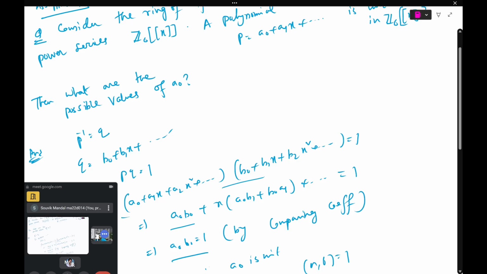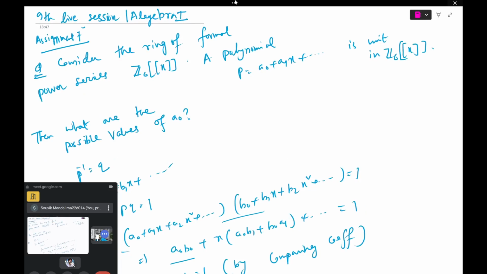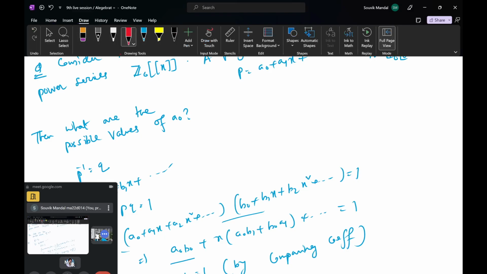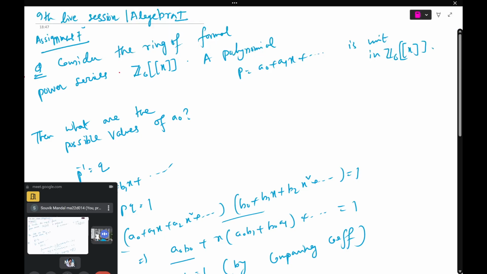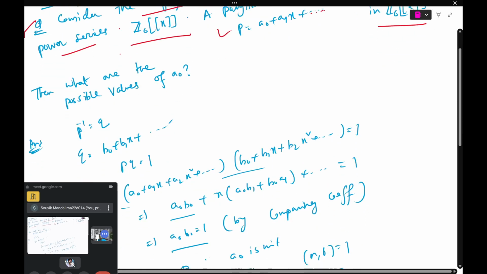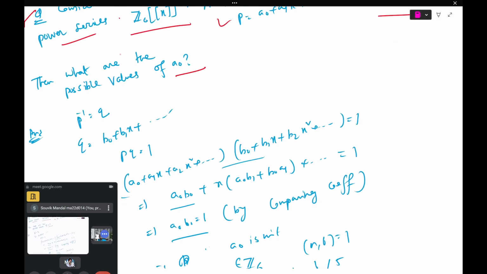So the first problem is given as follows. Consider the ring of formal power series Z6 double bracket X, and it is given that this polynomial is a unit in Z6 double bracket X. The question is, what are the possible values of a0?